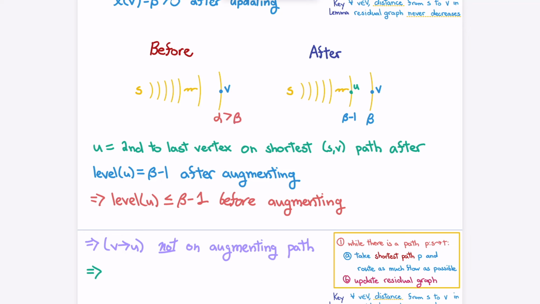But I know that U needs to be somewhere over here, because I know that U had level beta minus 1 or less by induction. So this edge would be going backwards through the layers if it was even there. So definitely V to U was not on the augmenting path.